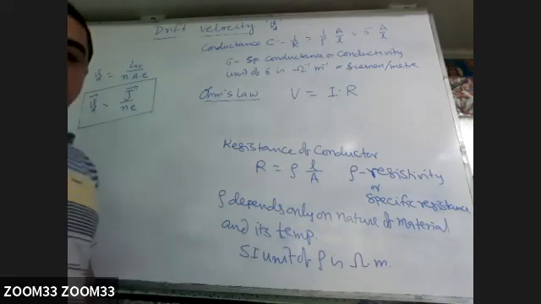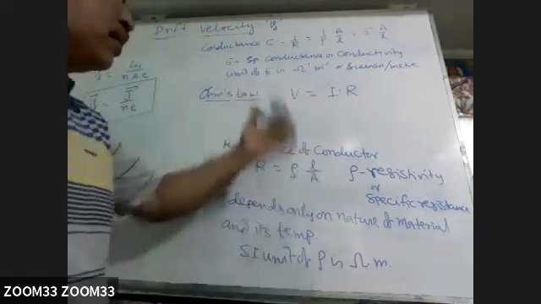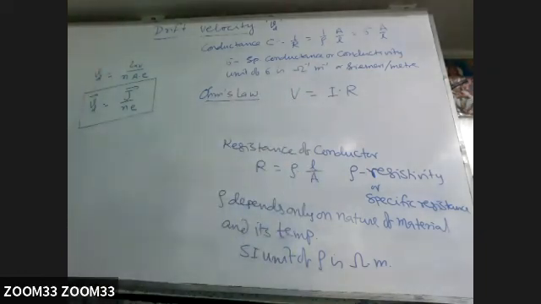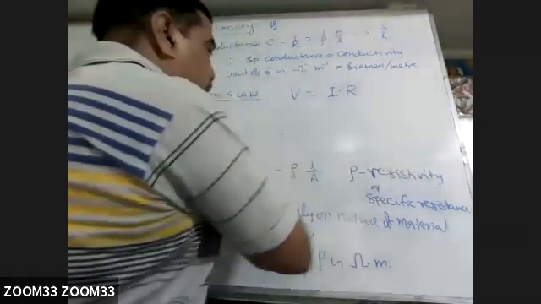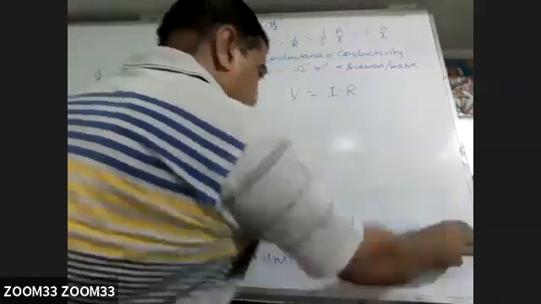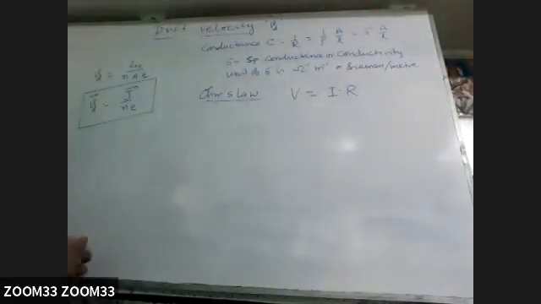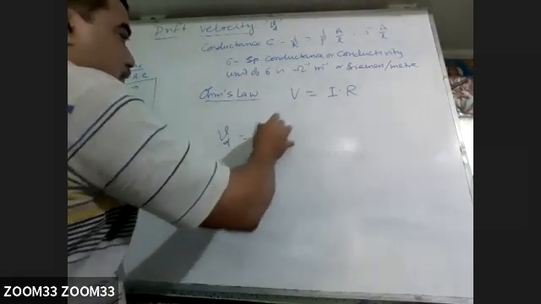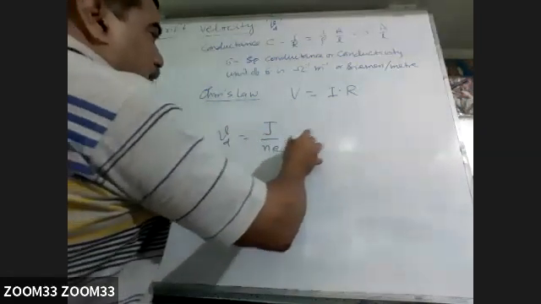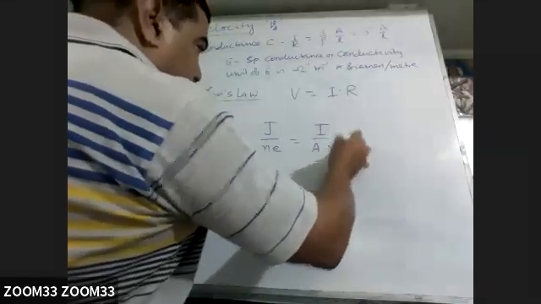Now, sometimes you will be asked how drift velocity depends on V, potential difference, and how it depends on length. So now you see this v_d is J over nE, or I over AnE.